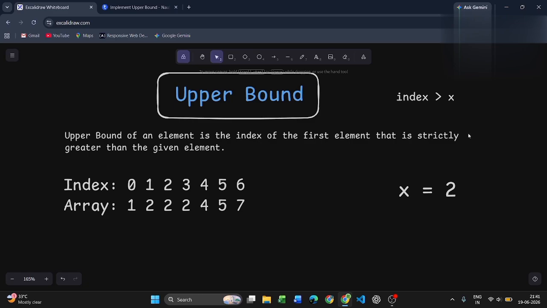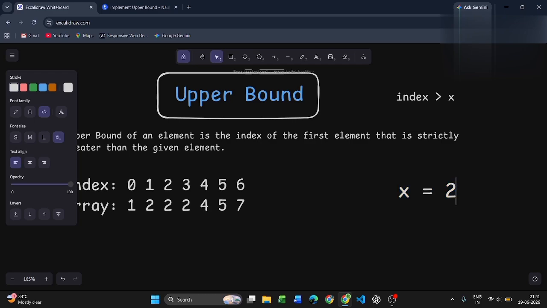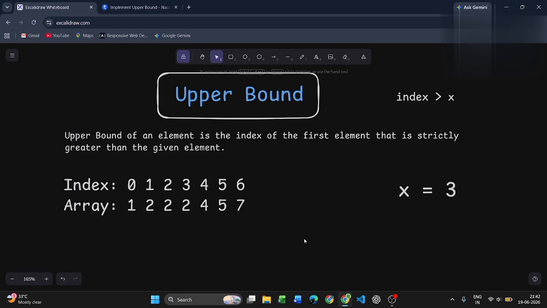Now let us change the target element to 3. I have taken an example here where 3 is not present in the array, and we are given in the definition that we find the element which is strictly greater than. So whether the element is present or not present in the array, its upper bound can exist.